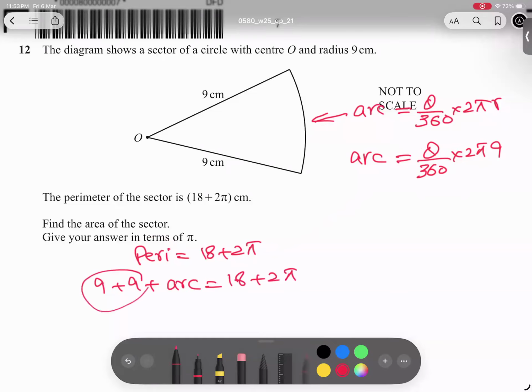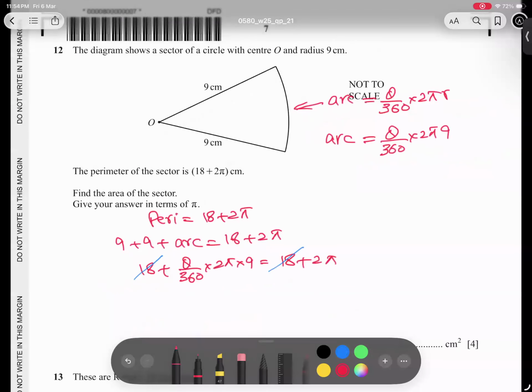So 9 plus 9 will give 18, and the arc length is this, which I'm going to copy here. 2 pi 9 is equal to 18 plus 2 pi. And when I bring this 18 to the other side, this 18 will cancel out.